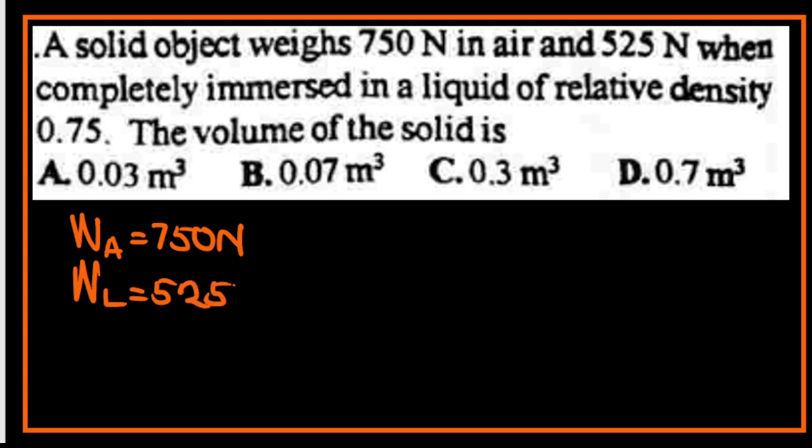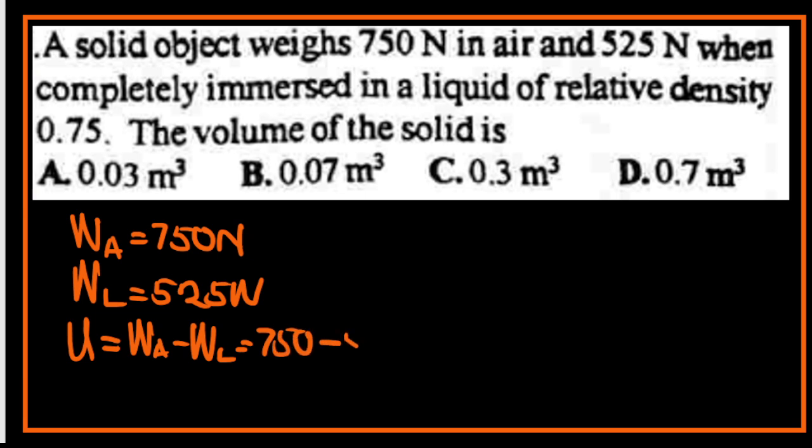We should look for the volume of the solid. Okay, we can easily calculate upthrust here. Upthrust is equal to weight in air minus weight in liquid. This is 750 minus 525. So what is that going to be? That is 225 Newton.